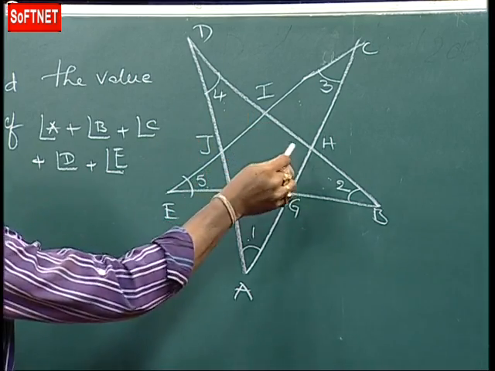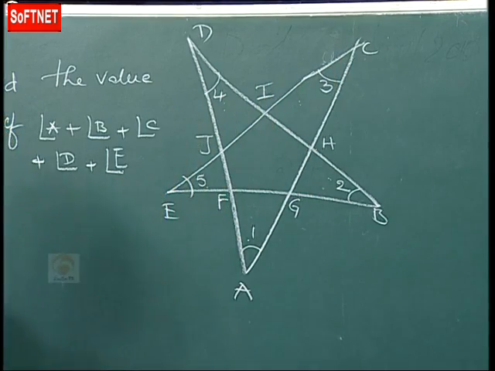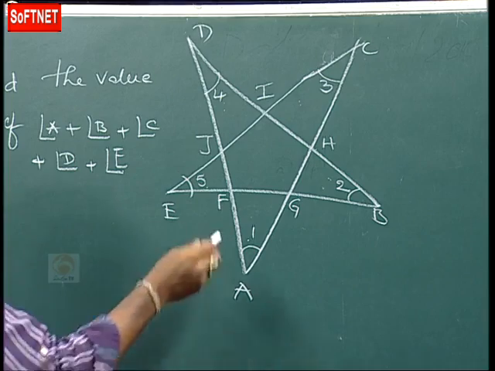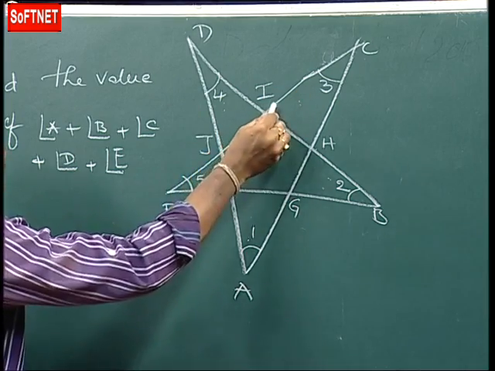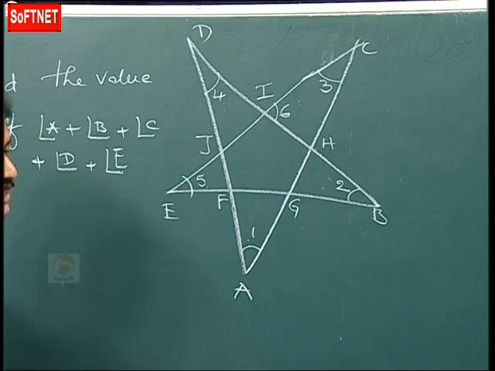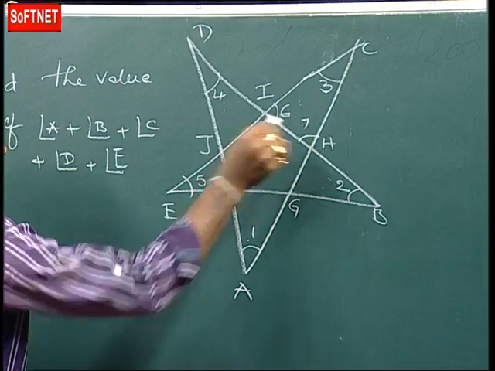I am taking the triangle HCI. This is one triangle. I want to name the remaining angles of this triangle. Angle 5 is already used, so I am using this as angle number 6 and this one angle number 7.